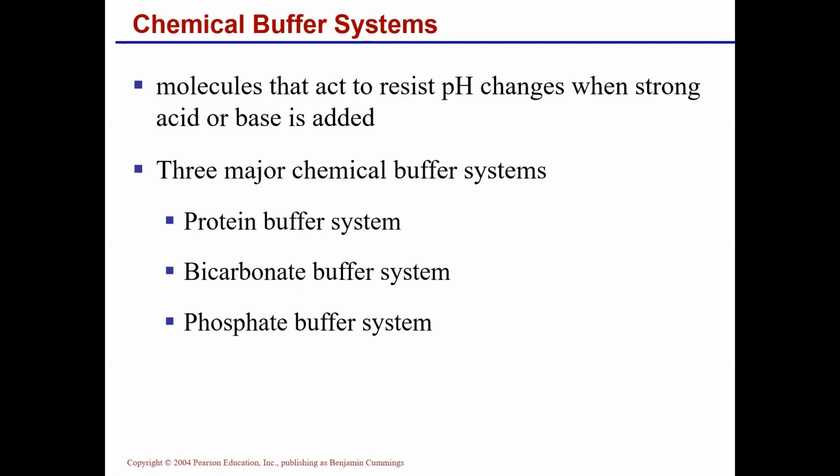Hydrogen will bind with protein, and by taking free hydrogen away, this lowers the free hydrogen concentration in the blood and increases pH. This is how the protein buffer works, by binding to hydrogen ions to take them away and adjust the pH.